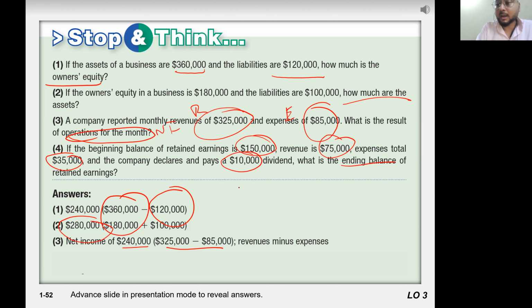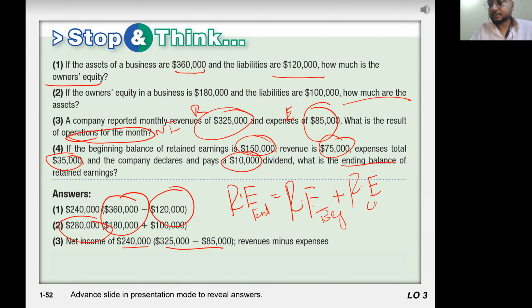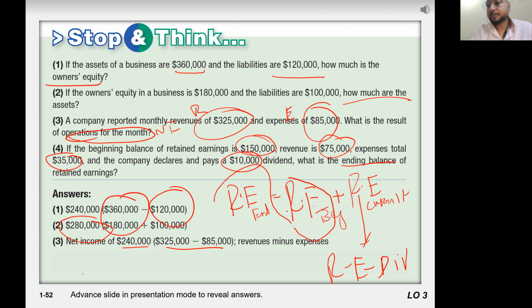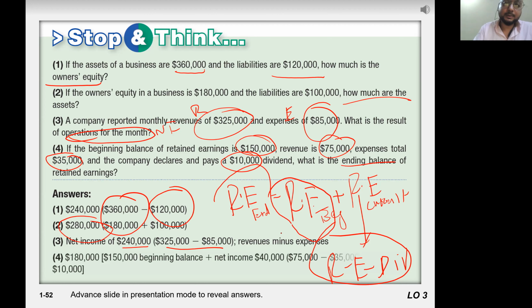So the 4th formula we talked about: retained earnings ending or closing is equal to beginning retained earnings plus current retained earnings, or write down revenue minus expenses minus dividend. So the whole equation is going to give you the answer as 180,000. Right? Please compare your answer.